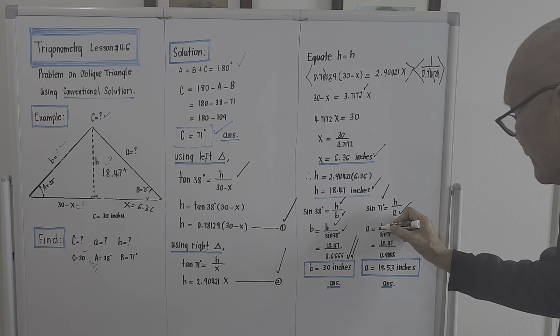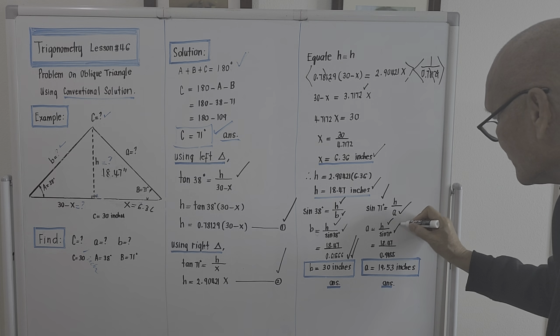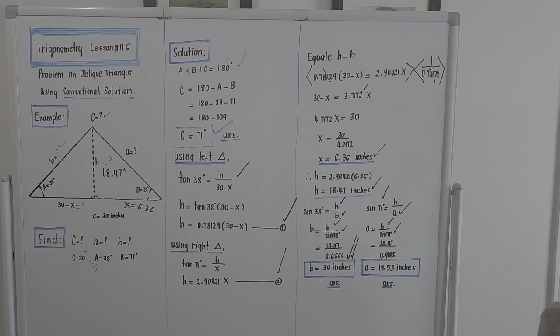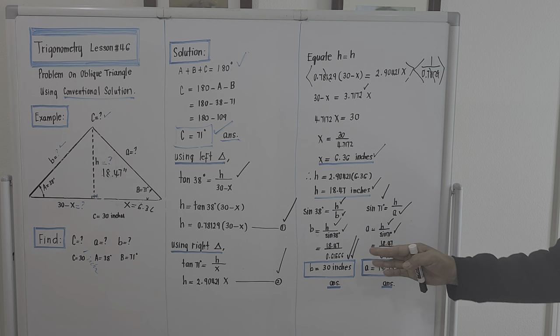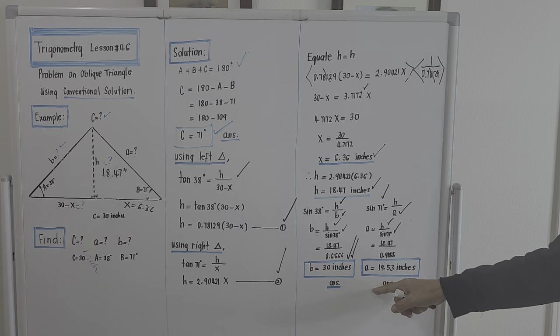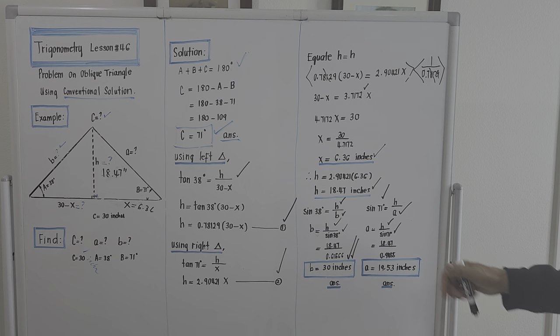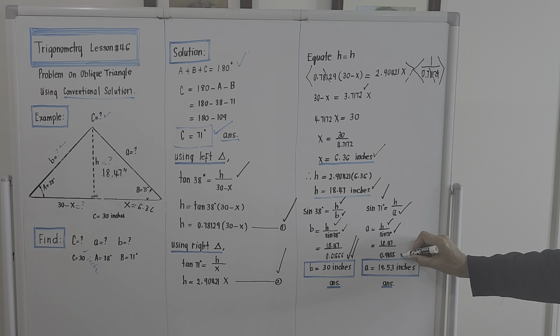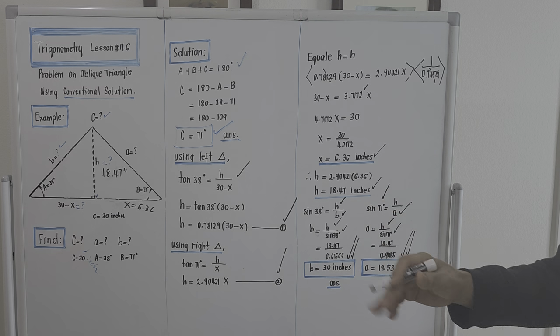So A now will be equal to h over sine of 71 degrees. It will be 18.47 over sine of 71, which is almost 1, 0.9455. Dividing by calculator, the value of small letter a is 19.53 inches. I think this is the same as from the previous solution by using sine law.